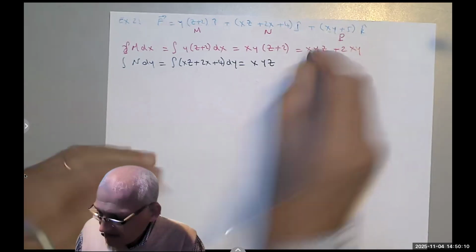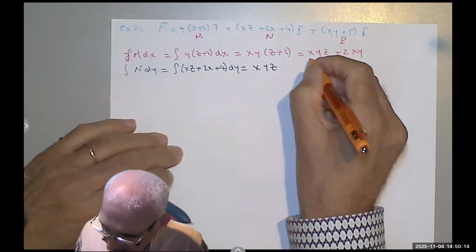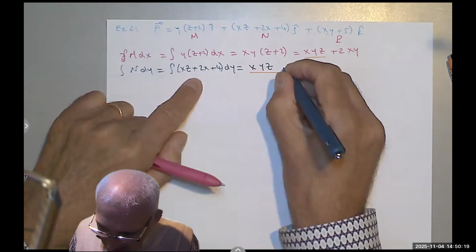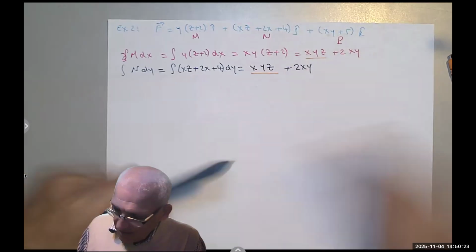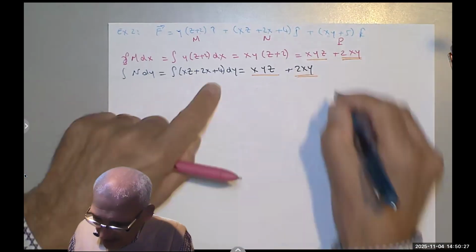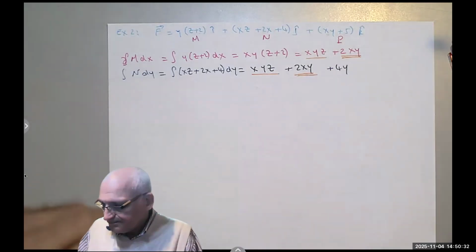So here is one term that is there. Plus, when I integrate with respect to y, I get 2xy. Oh, there is another one. Plus 4y, plus a constant in z.